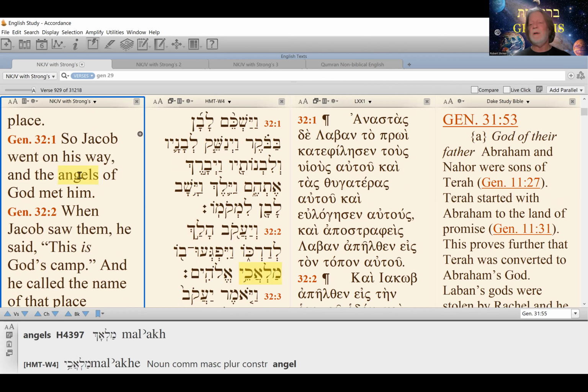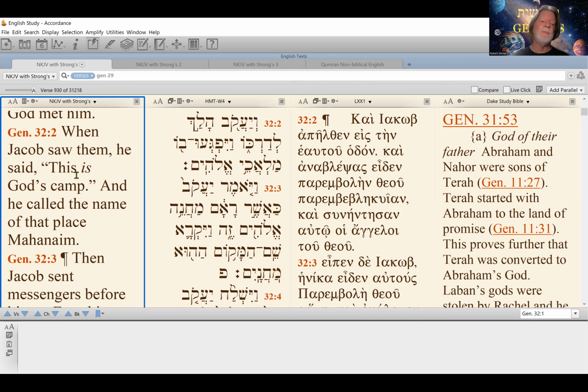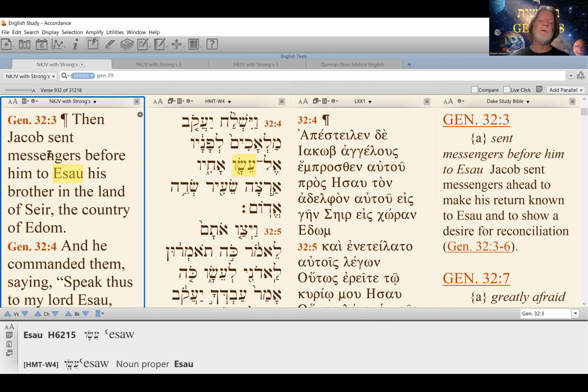They are messenger angels. And then it says in verse 3 that Yaakov sent messengers, malachim, but I think these are humans, human messengers. So just calling an entity a malach doesn't mean that it's like a celestial angel. Angel messengers and human messengers are two different things.